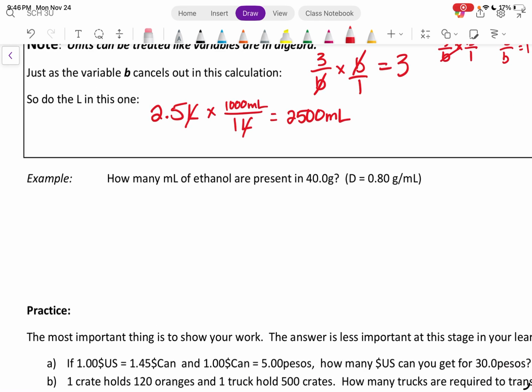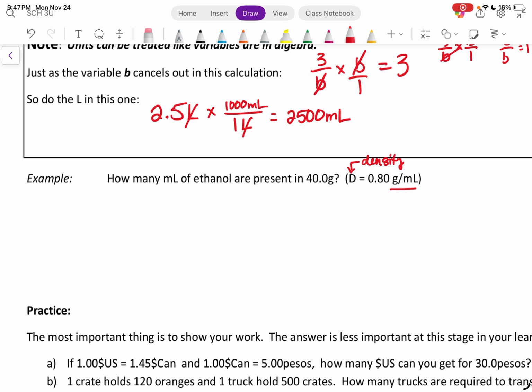We'll do the second example. So how many milliliters of ethanol are present in 40 grams? Yikes. So D is density. We should know this from grade 9 science. Density is always in grams per milliliters. Those are always the units there.